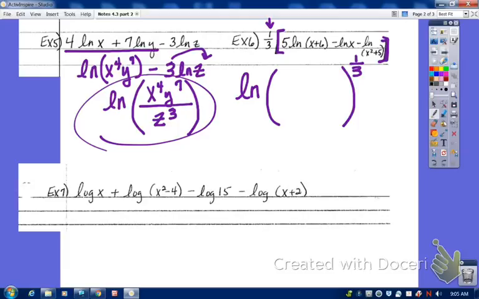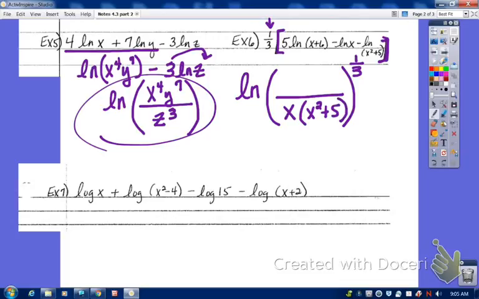So how many logs are being subtracted? 2 logs are being subtracted. Whatever is being subtracted is in the denominator. So you're going to have an x in the denominator, and you're also going to have an x squared plus 5.